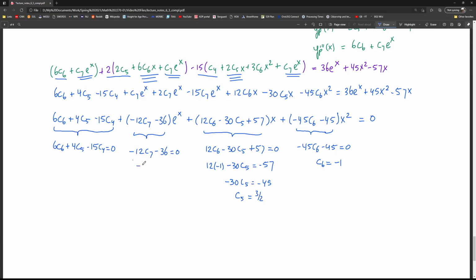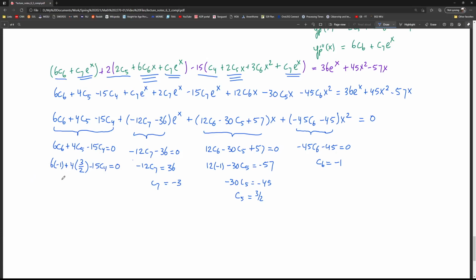This equation here becomes negative 12c7 equals 36. So c7 equals negative 3. And then finally here, for the last equation, we already have c6, that was negative 1, so we get 6 times negative 1 plus 4 times 3 over 2 minus 15c4 equals 0.